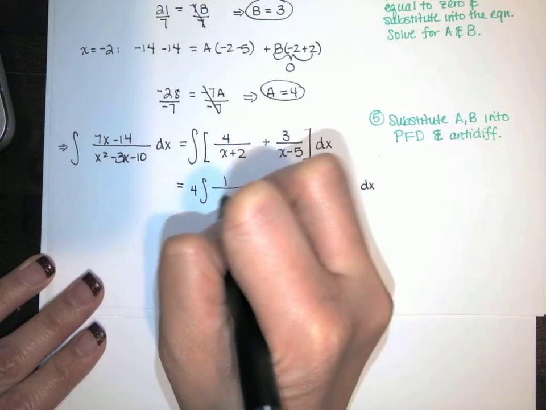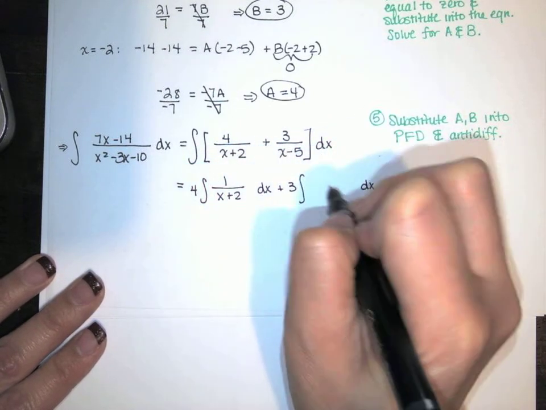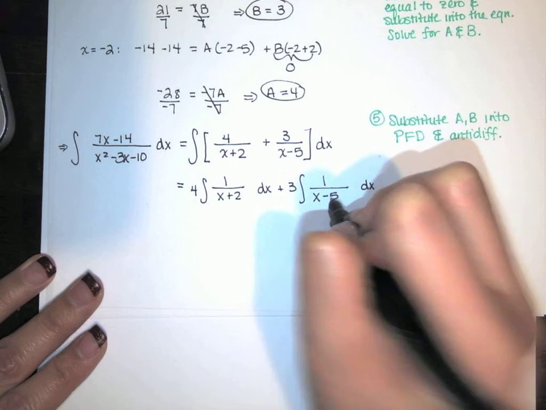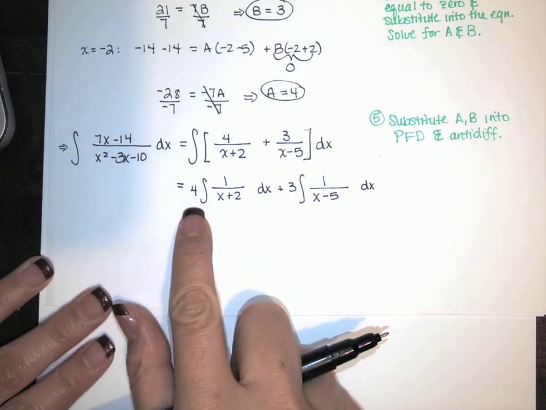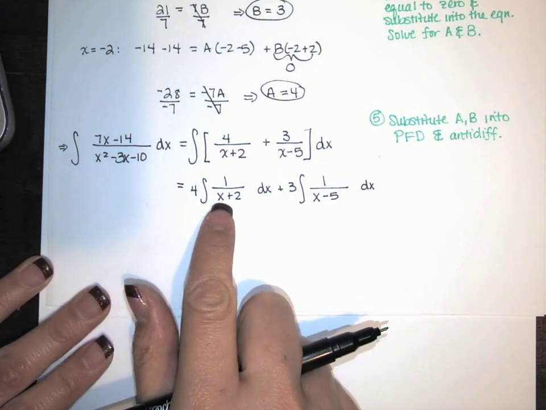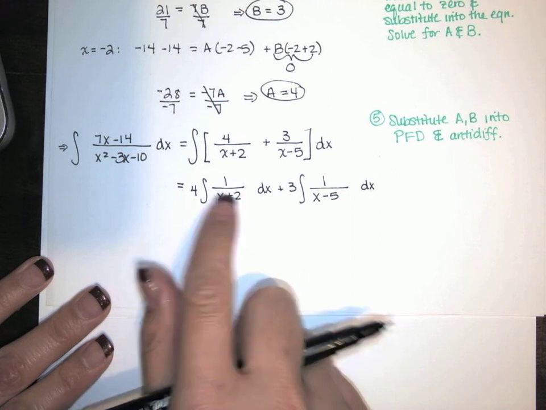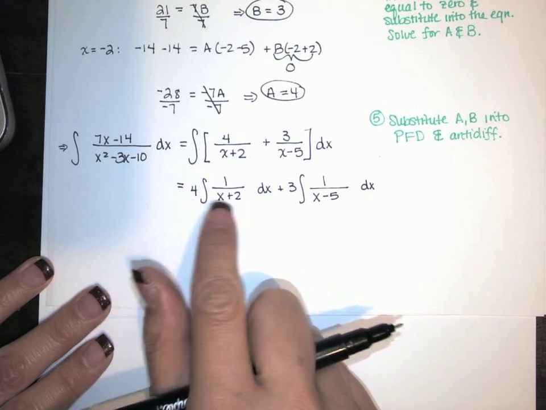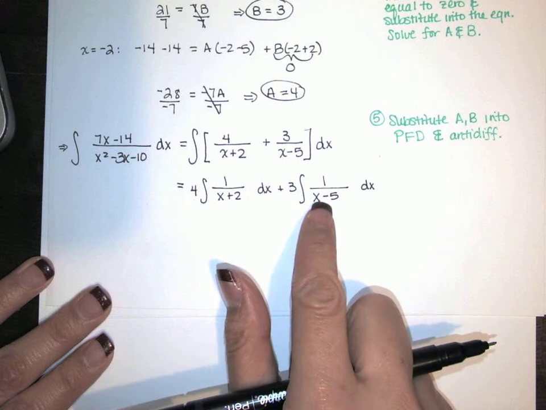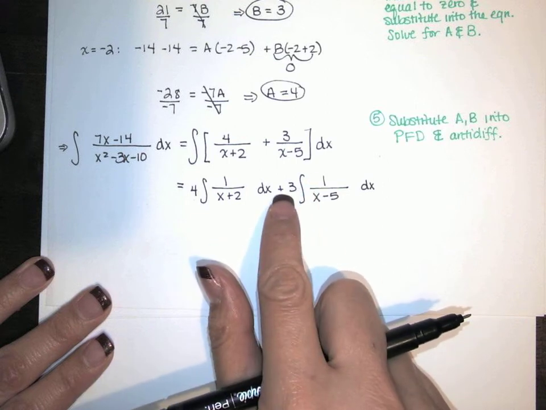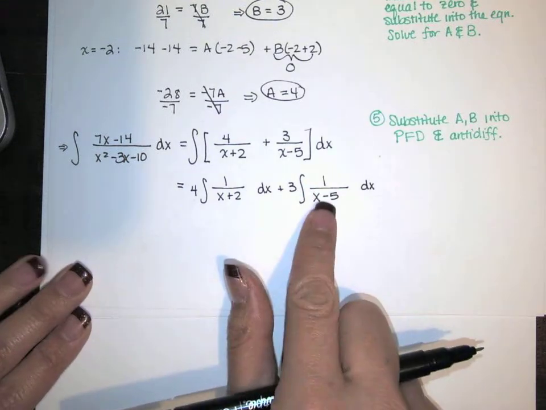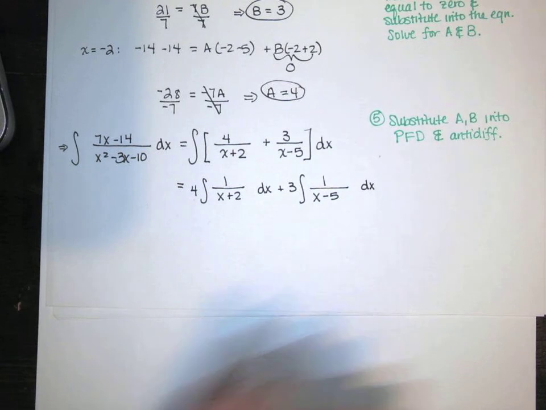So this is 1 over x plus 2, and that's a 1 over x minus 5. The 3 has been factored out and the 4 has been factored out, but if I multiply straight across, 4 over 1 times this is 4 over x plus 2, and 3 times this is 3 over 1 times x minus 5. So this is equivalent to this. Now I'm all set for my u-subs.